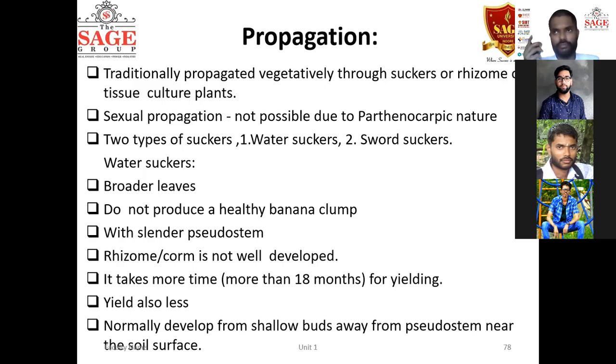Those are water suckers, but they are not healthy suckers and have all these drawbacks. So we avoid this type of sucker for planting, because they have a longer crop duration and very low yield.